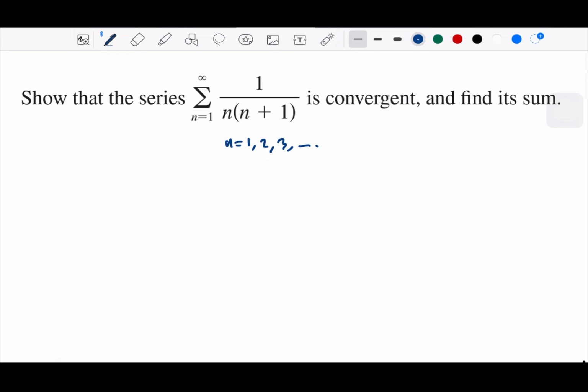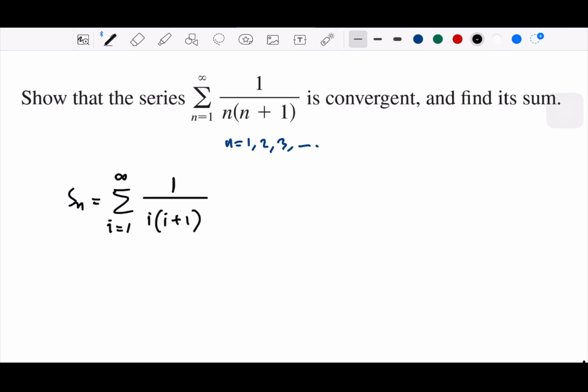But perhaps let me write it like Sn. We could also write in terms of Sn. Let me write with another variable i to make a difference from the original sum: 1 over i times i plus 1.